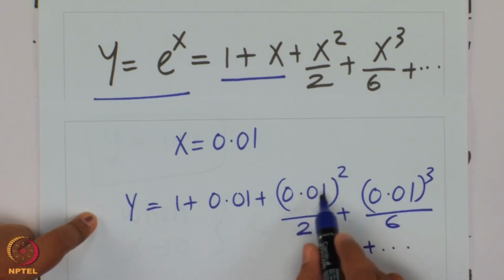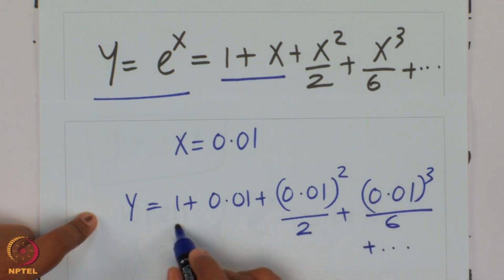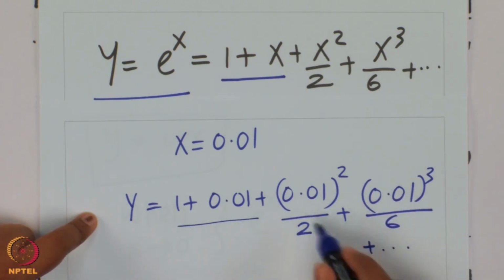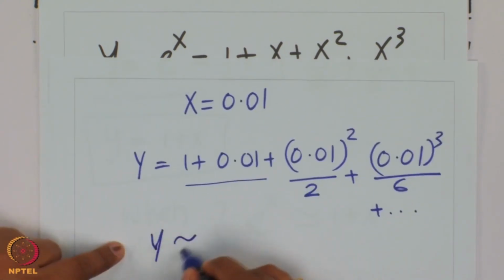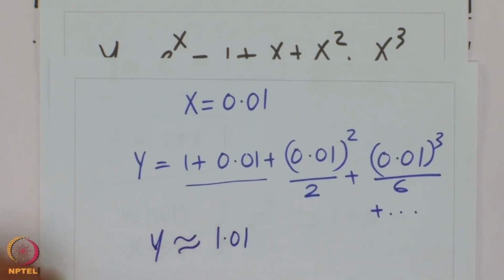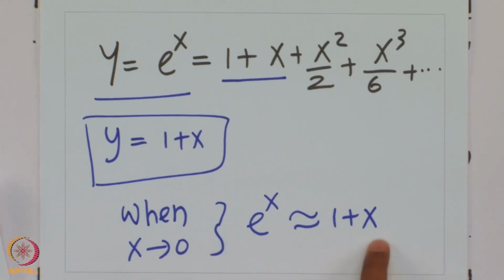When you square this small number, it becomes smaller, and this is much smaller. So approximately this is 1.01 plus one small number, so y will be approximately 1.01. So this is the reason why this works: when x is very close to 0, e power x is approximately 1 plus x.